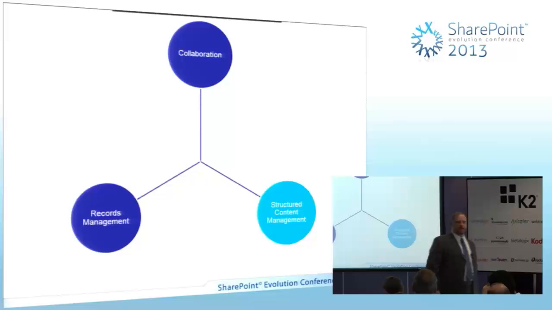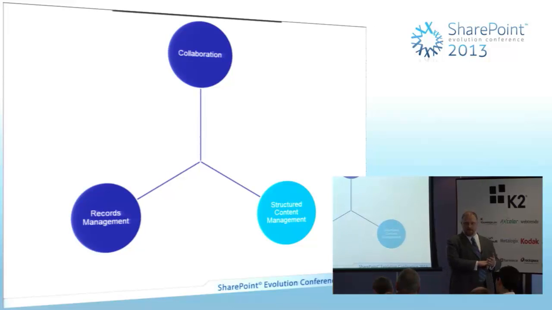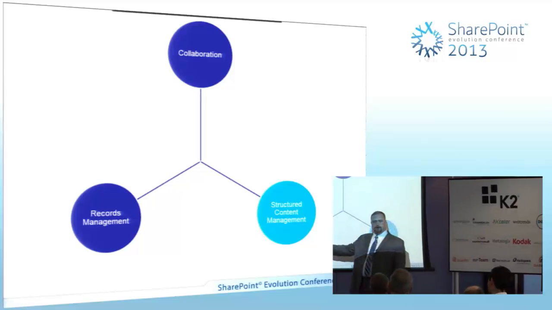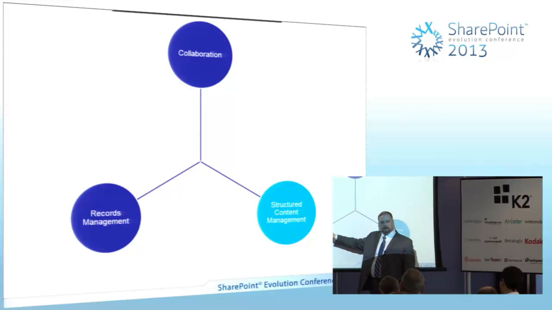Collaboration creates content. Structured content management. This is when you take what's being produced and start applying structure, taxonomy, ontology, process definitions, and policy. And records management is the end state objective. Once you know what this is and it's gotten to a certain stage of its life cycle, you need to make sure it's either retained or destroyed.